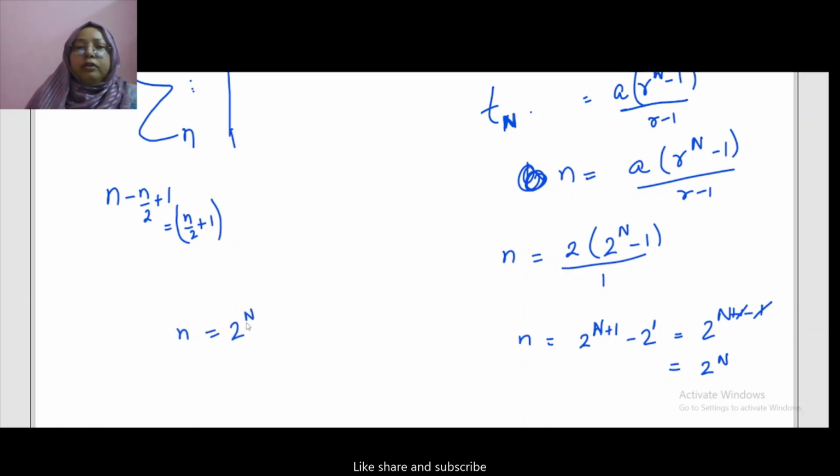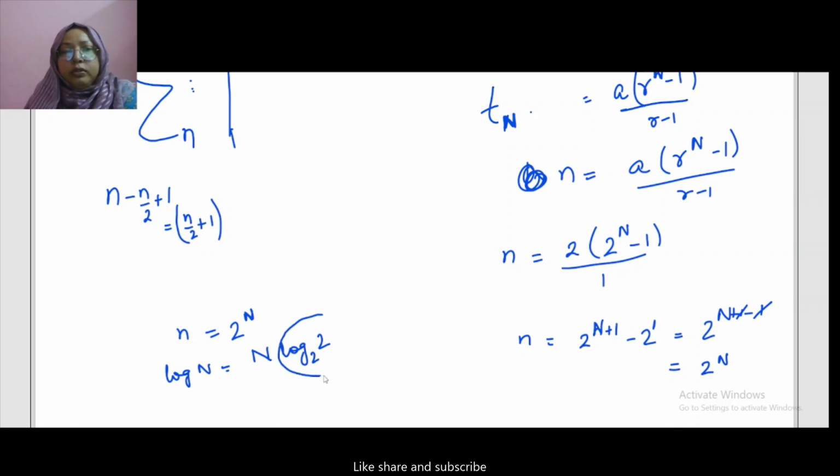Now we do not know the number of terms we have, so take the log both sides. Log of n is equal to N log 2, and we will take the base of log as 2. We are taking log both sides, so this log 2 base 2 will become 1.